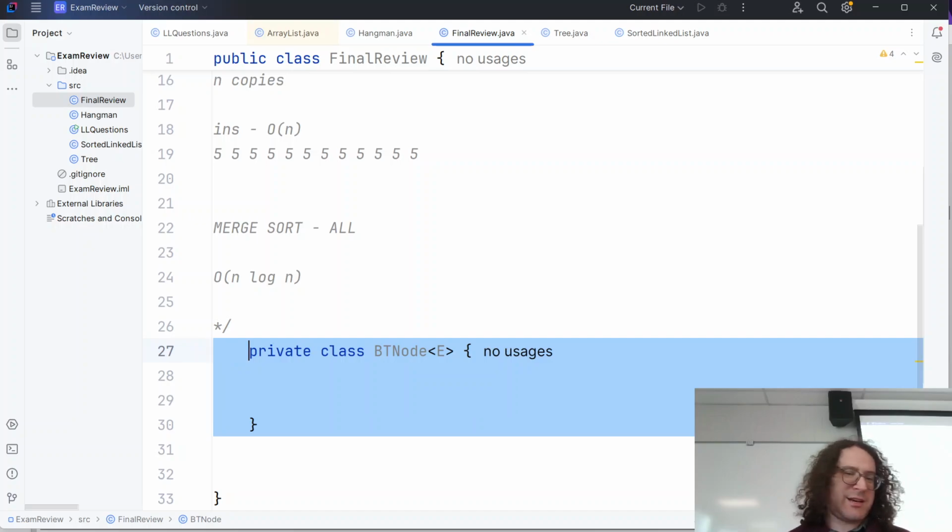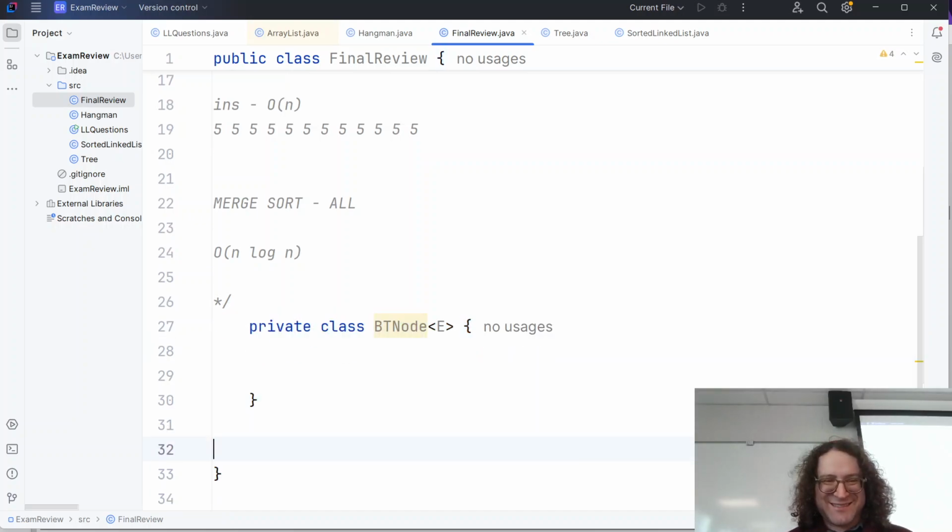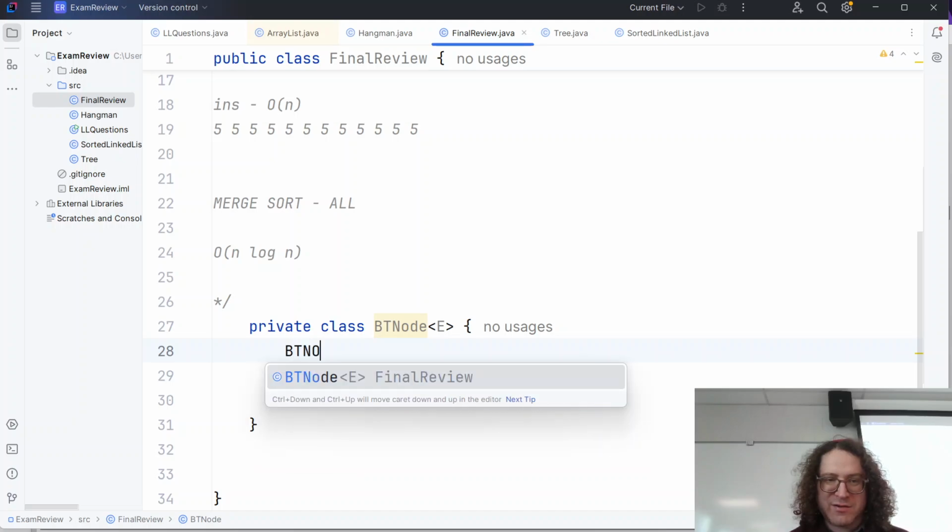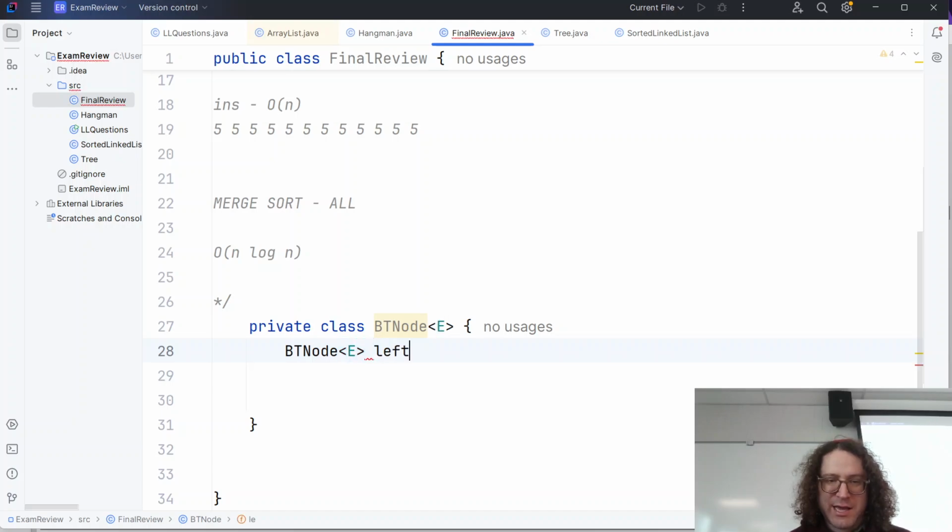I care about my indentation so much. I mean, when you teach Python, indentation counts. So we have a BT node with E left.